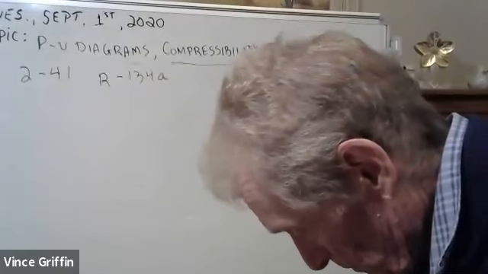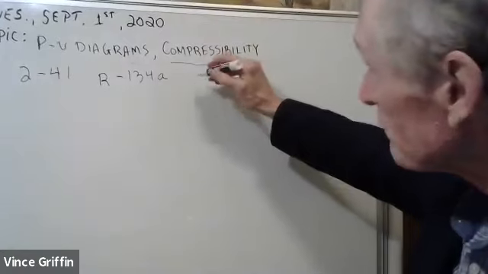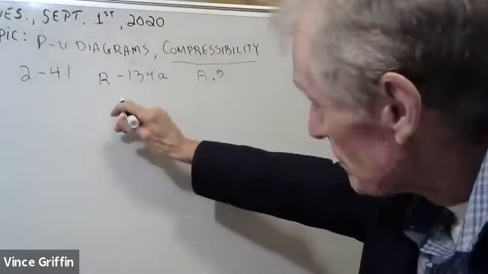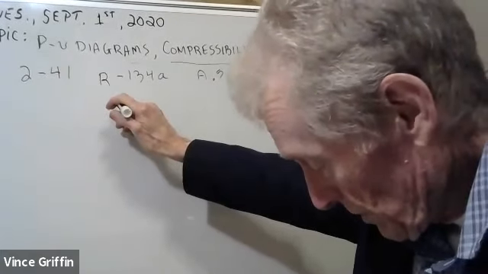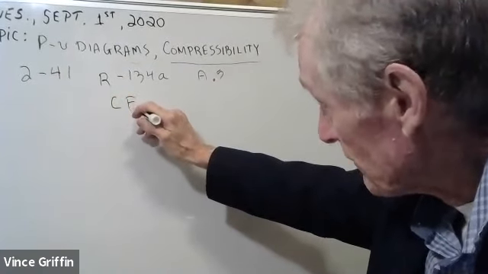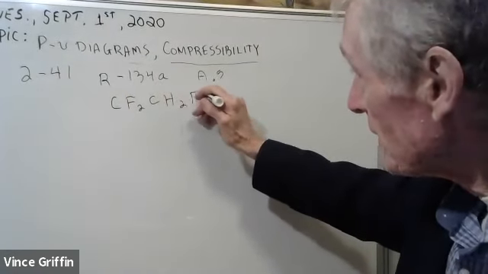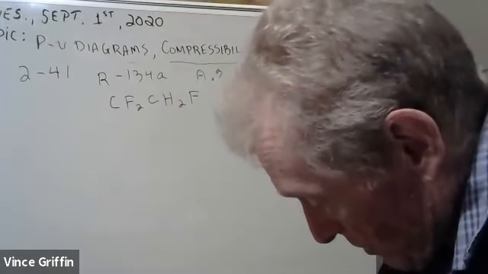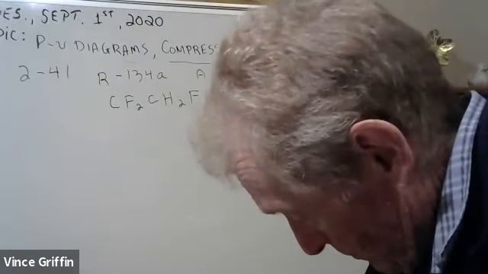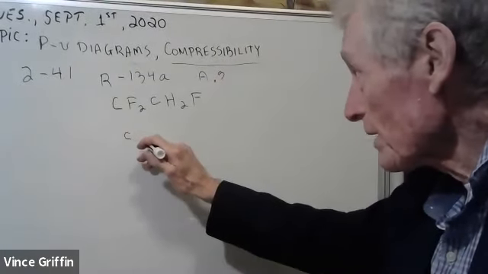And in the back of the book, this is table A5, the chemical formula for refrigerant R134A on table A.5 is that. Now the structural formula goes like this.